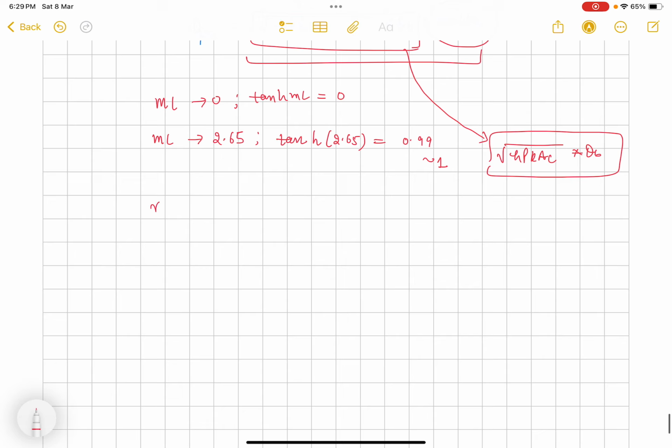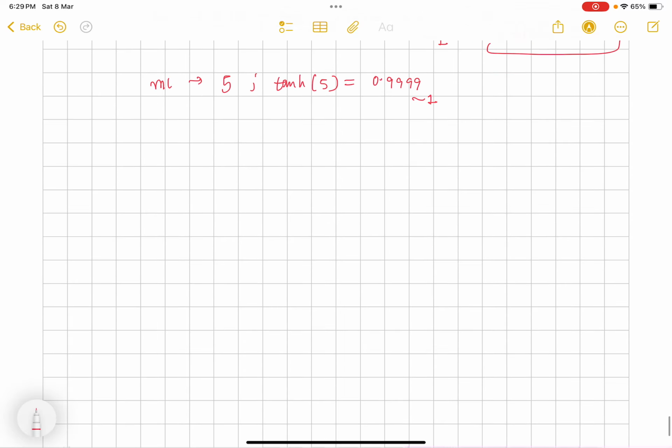Okay, and if we further increase this ml value, the variation of tan hyperbolic of 5 will not change too much. Okay, so if we plot fin heat transfer with ml, it will go like this.